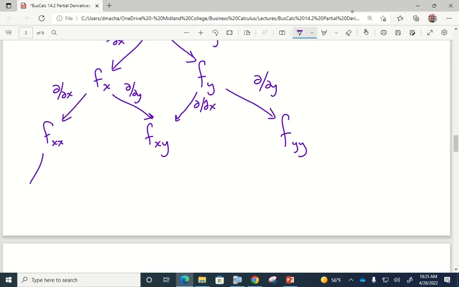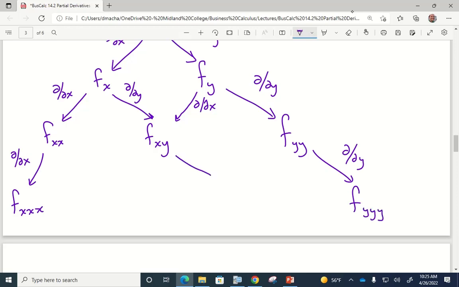And we can keep going, right? Like we could do the partial with respect to x of that and get fxxx, the third partial derivative with respect to x. If I went over here and took another partial with respect to y, you get fyyy.